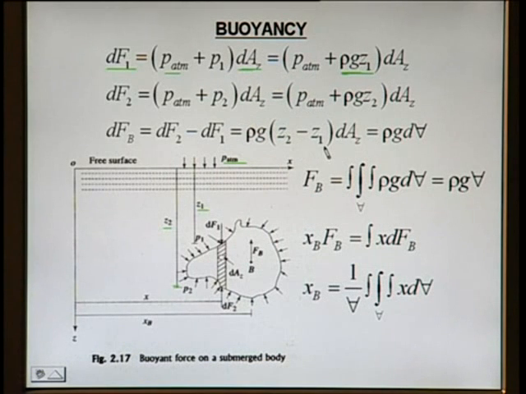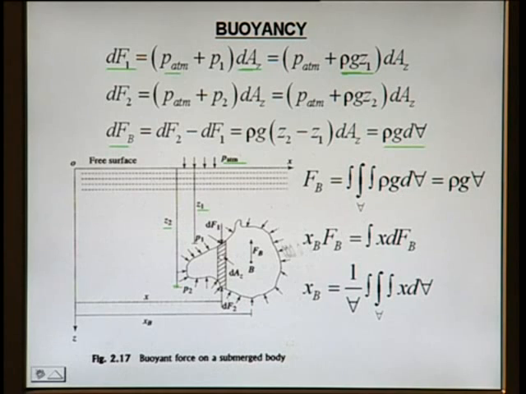And (z2 minus z1) into dAz is basically the volume, so rho g into dV. It means that the buoyancy force is equal to the weight density multiplied by a small volume, right.